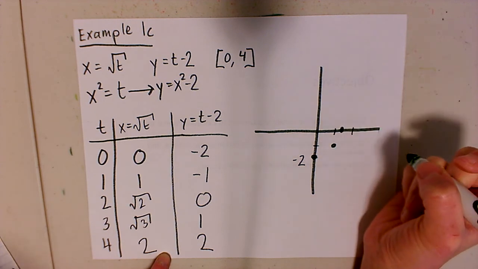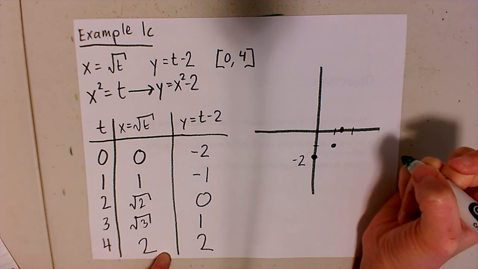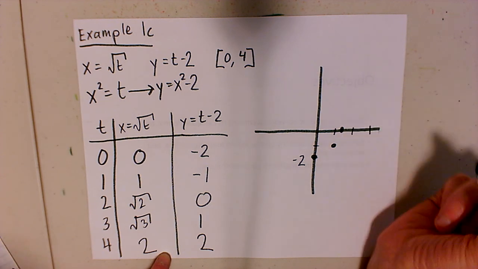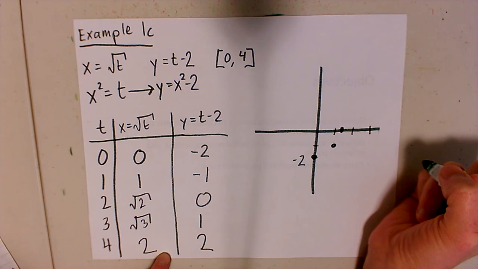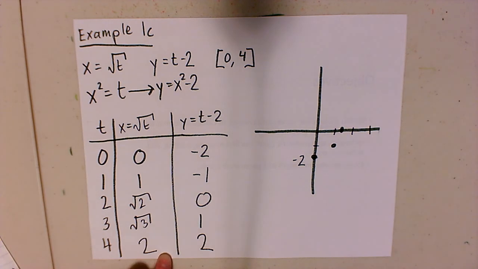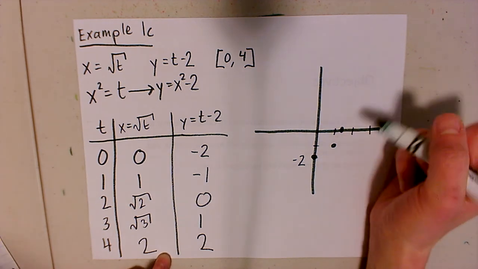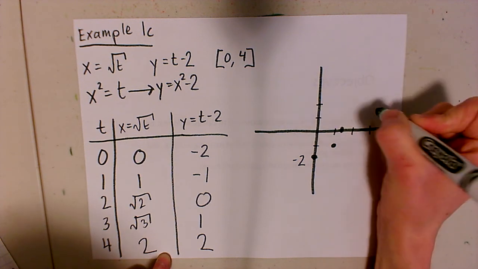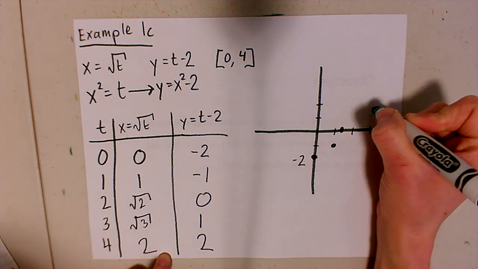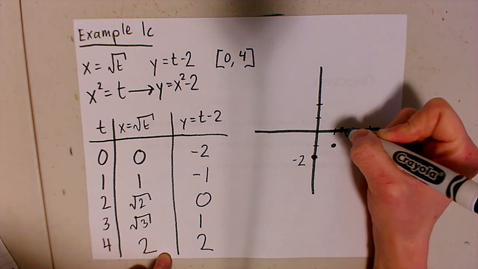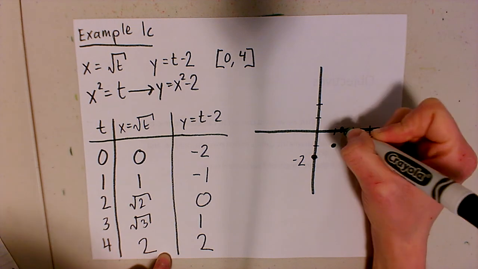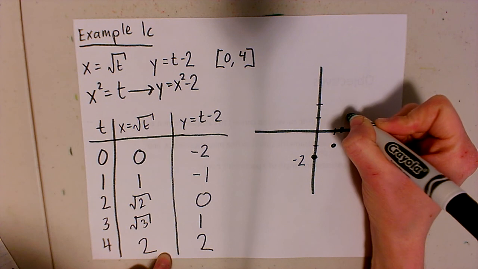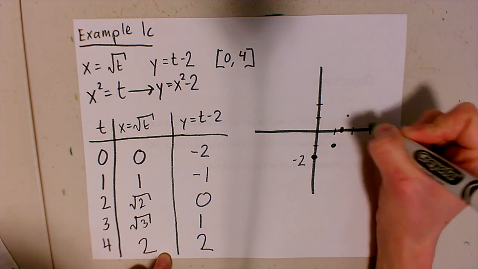And then root 3, 1. Well, none of this has to be to scale. The square root of 3 is something like 1.6 or 1.7, so we could approximate it, somewhere in this vicinity.